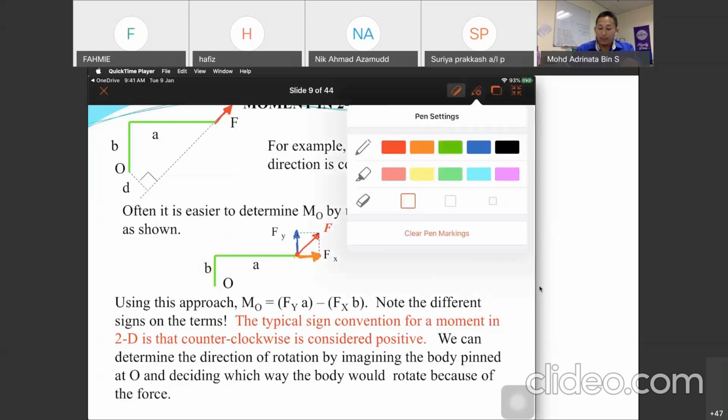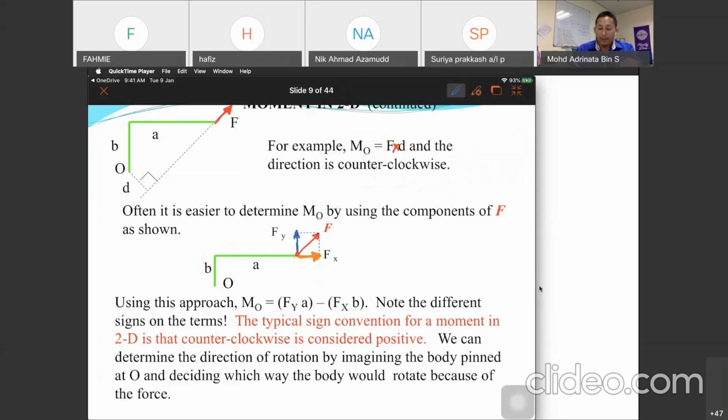Then we have our Fy. This is the line of action for Fy, and our point of action is at O. Which line is perpendicular to our point O? How do we find our distance? Just 90 degrees from the acting line.